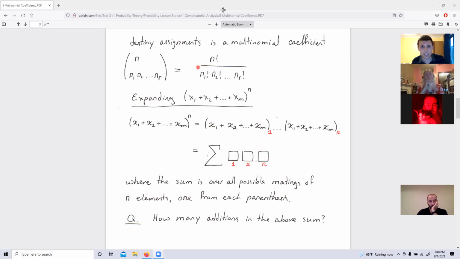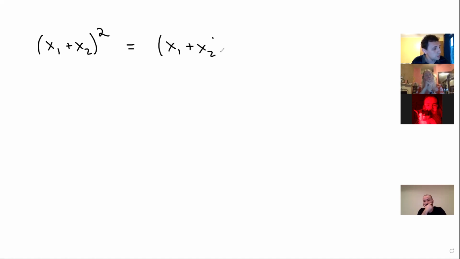Just to remind you quickly, here was the situation with, let's say, x1, x2 with the binomial theorem, and I will just make it squared so I don't have to write too much. What is that situation, guys? That's (x1 plus x2), first parenthesis, (x1 plus x2), second parenthesis. You agree? And then what you observe when you expand multiplication is that you will see x1 matched against x1.